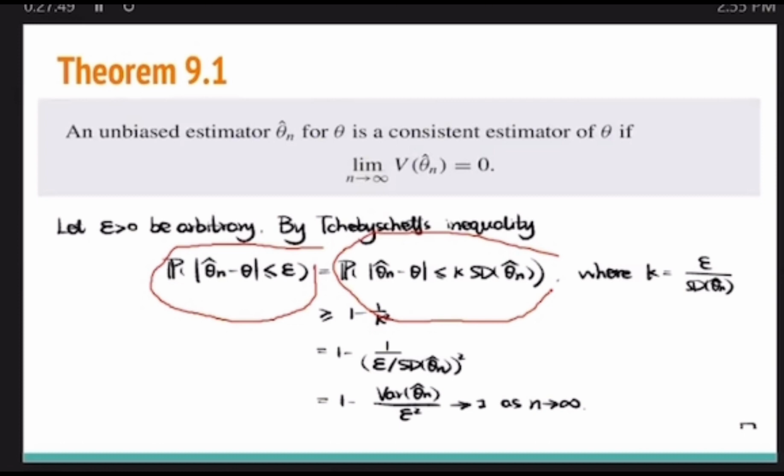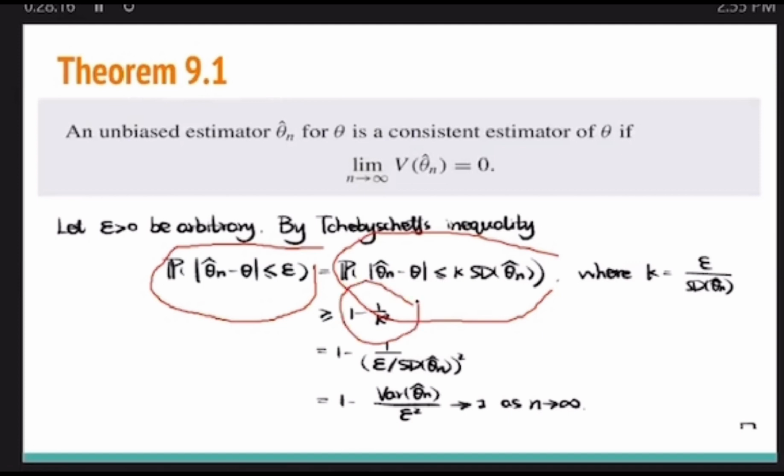Okay, now you remember if you want to use a Chebyshev inequality, you need to determine your k, right? Don't forget in the Chebyshev inequality, the probability of the absolute difference between the estimator and the parameter being less than or equal to epsilon will be greater than or equal to 1 minus 1 over k squared, which is this guy here.